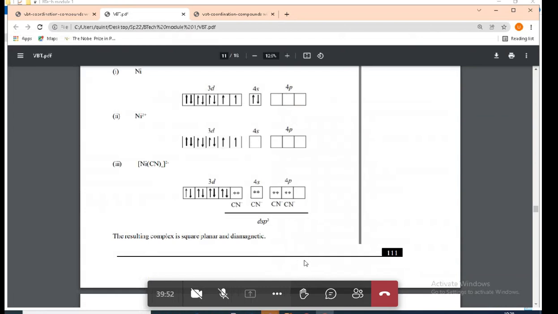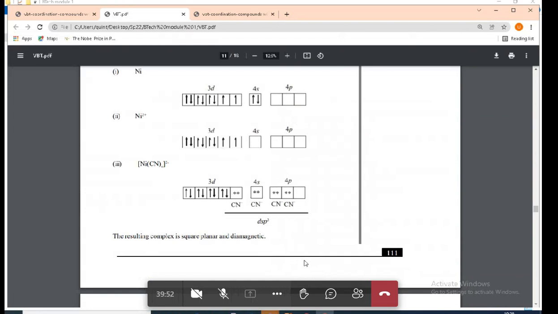Then he explained it with Pauli's exclusion principle. Sorry, we call it Pauli's electroneutrality principle. It explains that these ligands contain highly electronegative ions, and as a result, they do not give totally the lone pair of electrons to the central metal atom.